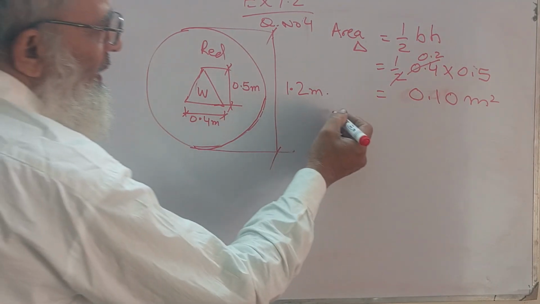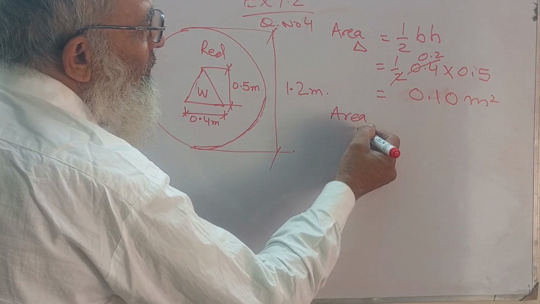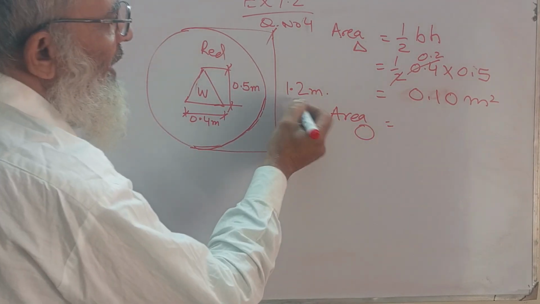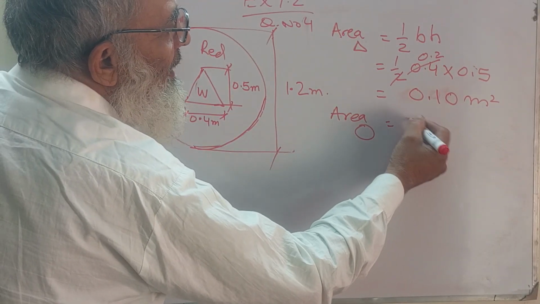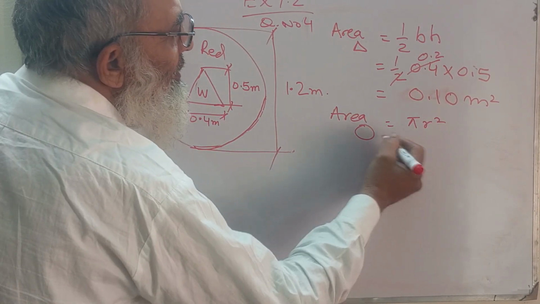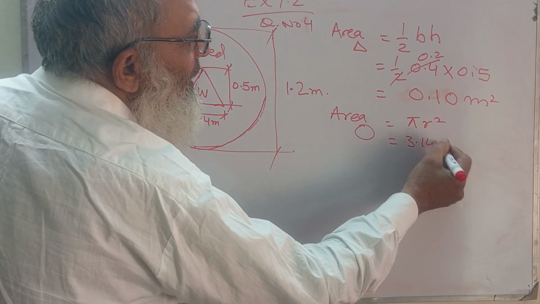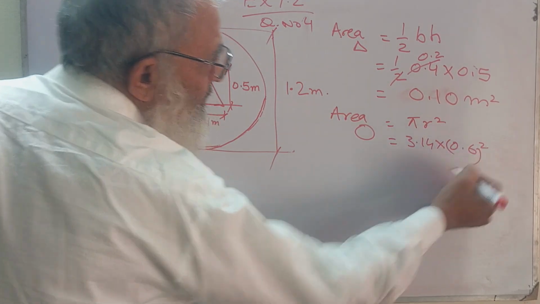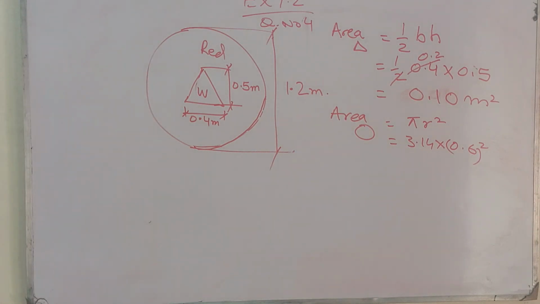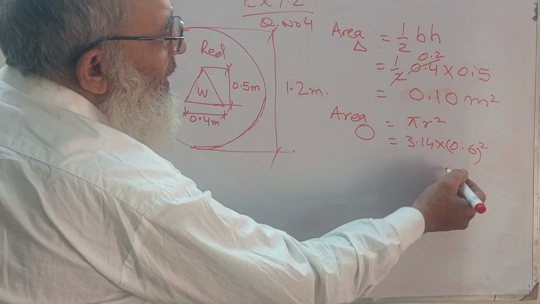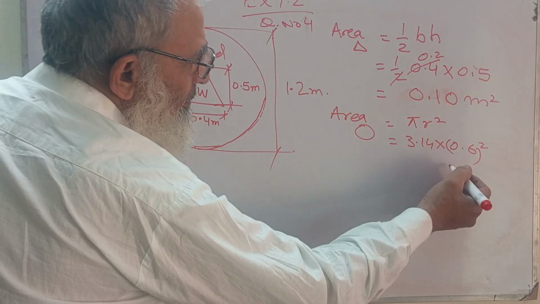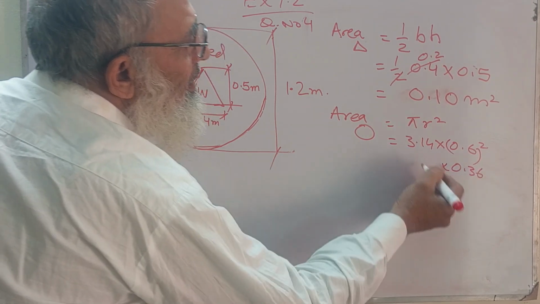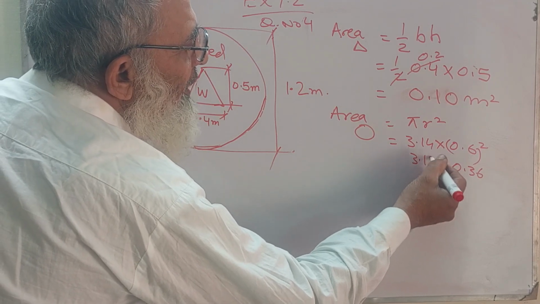Now the area of circle is pi r square. So 3.14 multiplied by 0.6 the whole square. Now this 0.6 square will be 0.36 multiplied by 3.14.